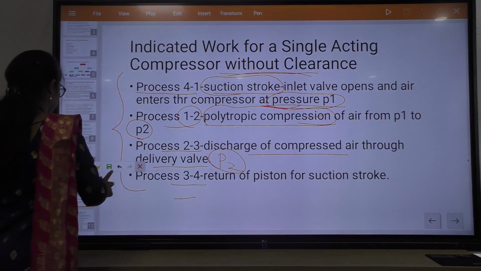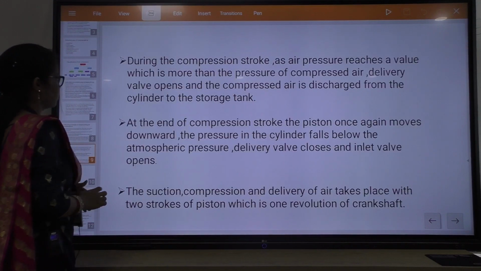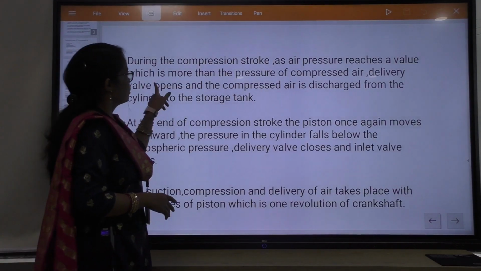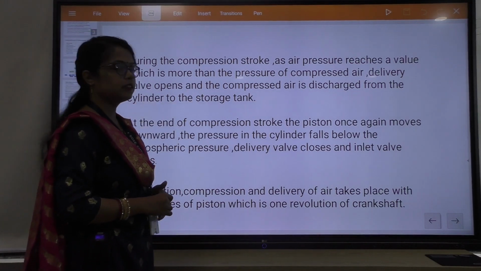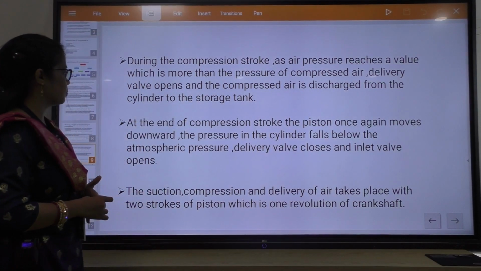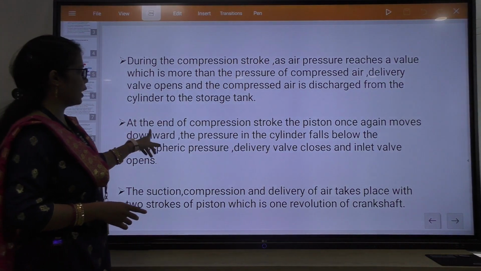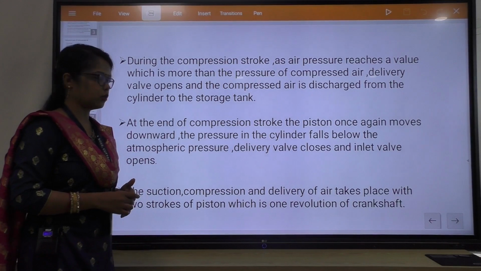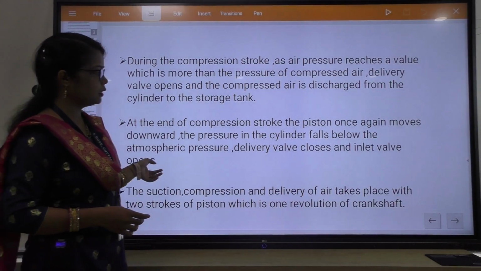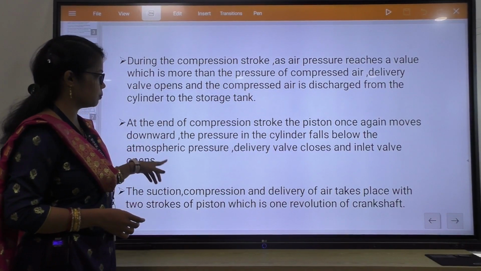Then coming to the previous slide, the delivery valve opens and the compressed air is discharged from the cylinder to the storage tank. At the end of the compression stroke, the piston once again moves downward, and the pressure in the cylinder falls below the atmospheric pressure.